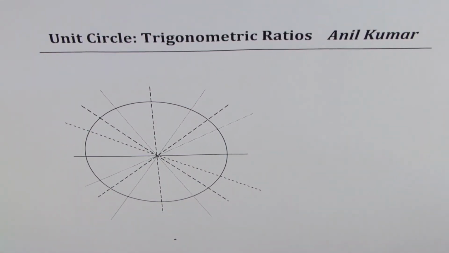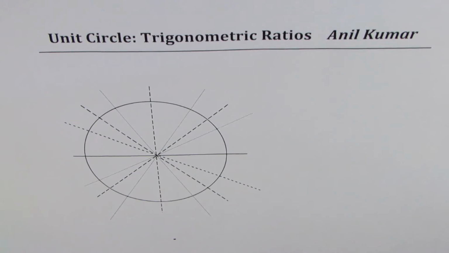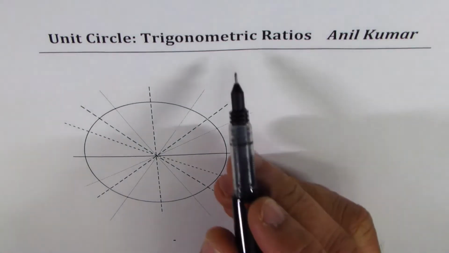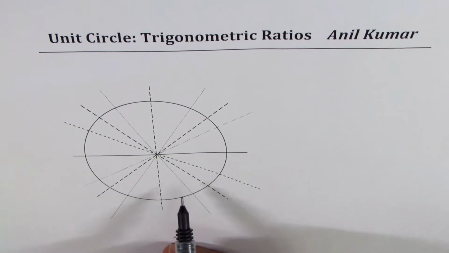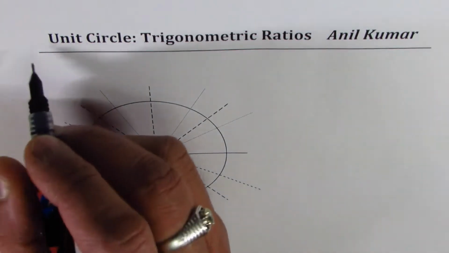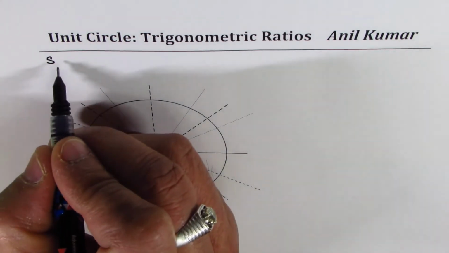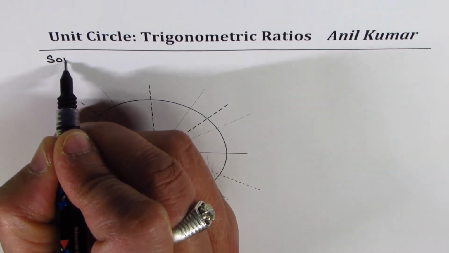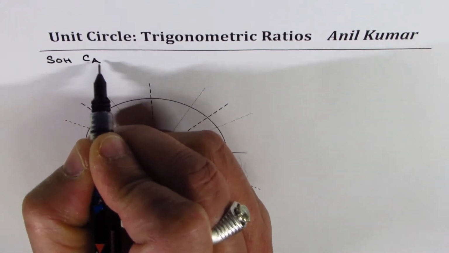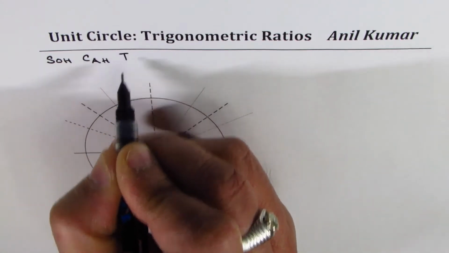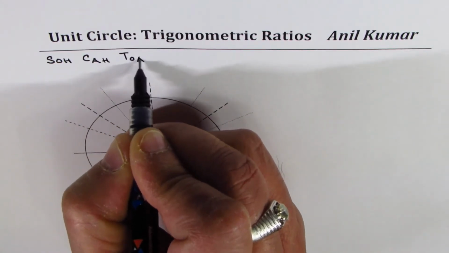Now, let us try to place values on our unit circle so that we could read trigonometric ratios directly. Things which you need to know is the acronym for learning what sine, cosine is. Sine is opposite over hypotenuse. Cos is adjacent over hypotenuse. Tan is opposite over adjacent, correct?